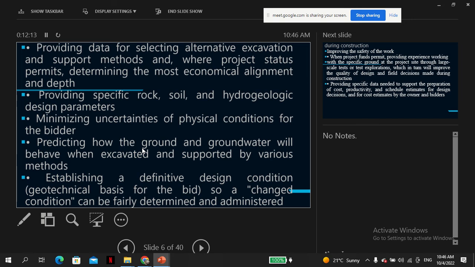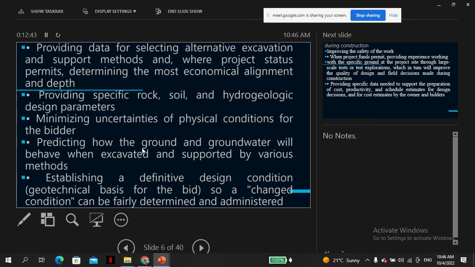So, for example, contracts can be varied if you've encountered certain conditions that could not be reasonably foreseen, and you bid for a certain amount of money, and obviously these projects are expensive.